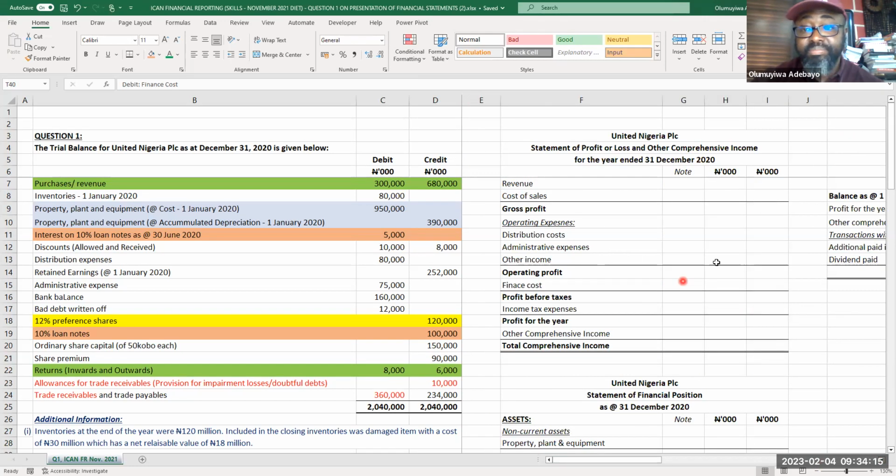What is our revenue? My revenue now probably will be note 9 and note 10.